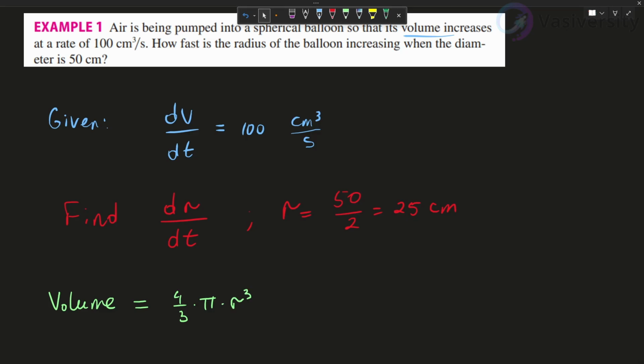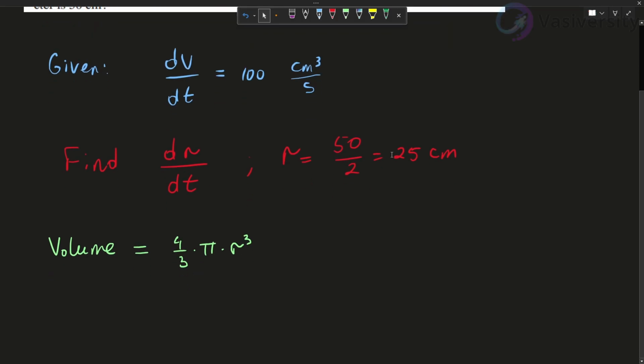Now we want to take a derivative, and it's going to be an implicit derivative. So we're going to have dV over dt, which is d/dt of 4/3 times pi times r cubed.